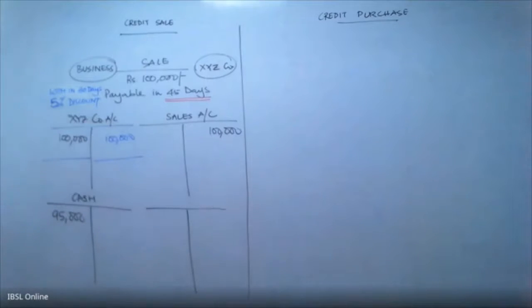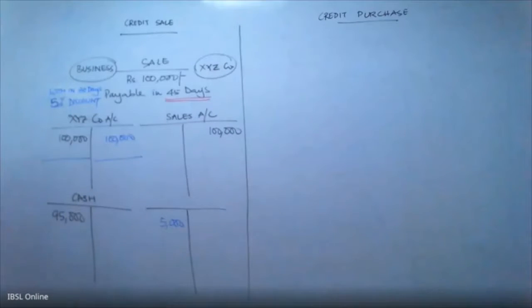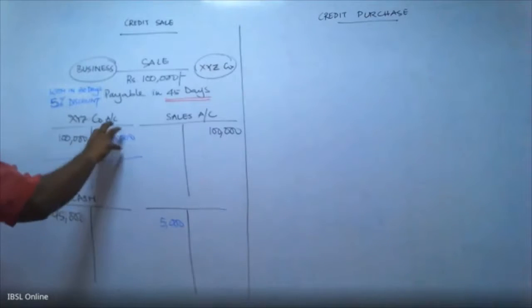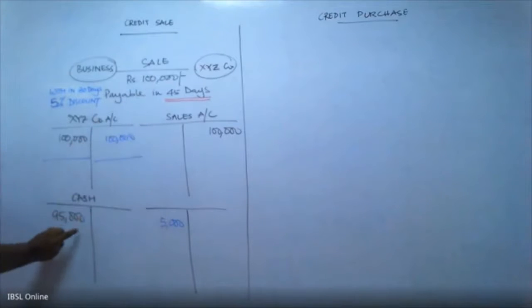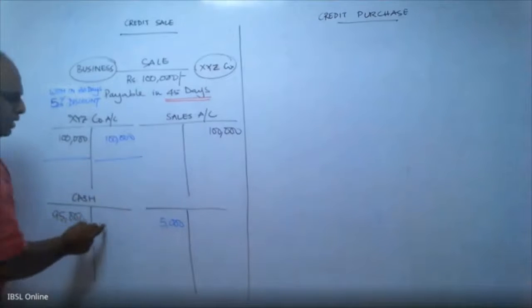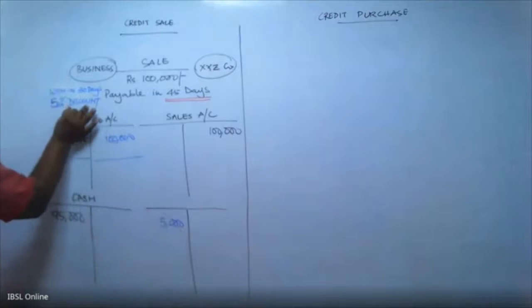So what needs to happen? There should be another debit of 5,000 to balance the double entry. Now see, 100,000 gets settled from the debtor, but he pays only 95,000. What happens? There is a remaining 5,000, which is the discount.